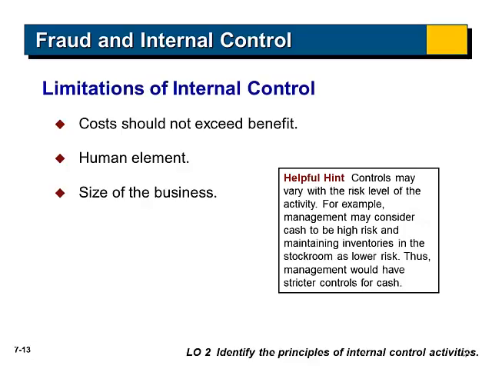There's always going to be a human element, so there may be humans who collude to override some of these controls, and you need to be wary of that. And then the size of the business often affects the limitations of a good internal control system.